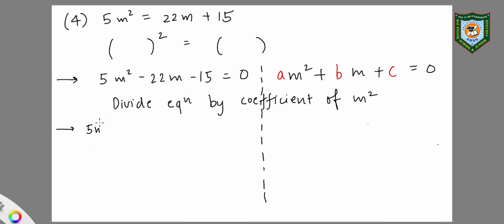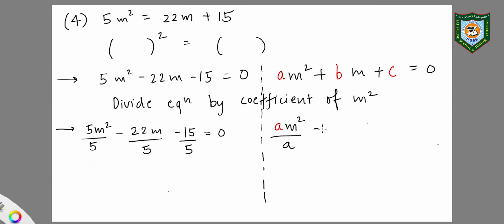So this is 5m square divided by 5 minus 22m divided by 5 minus 15 divided by 5 is equal to 0. And on the right hand side, we have a m square divided by a plus bm divided by a plus c divided by a is equal to 0.